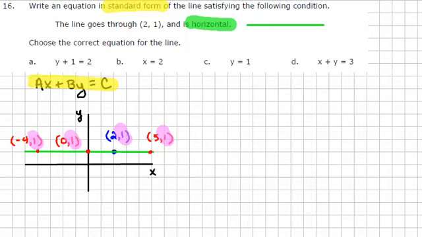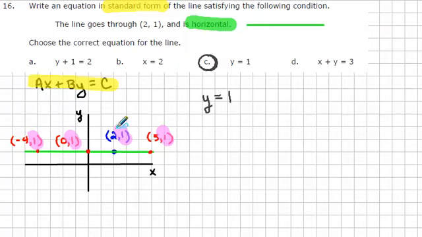And so an equation for this line is just simply y = 1. So the equation of the line is y = 1. That tells us that C is our correct answer.